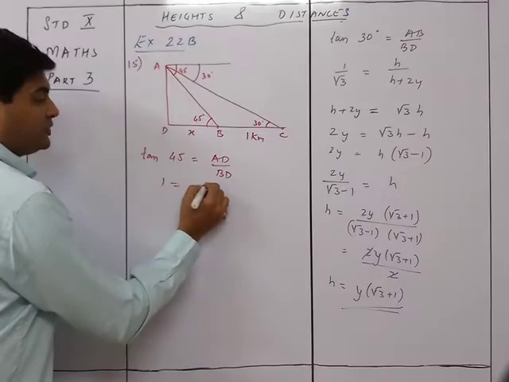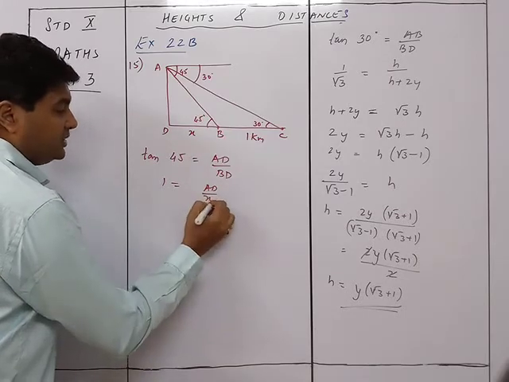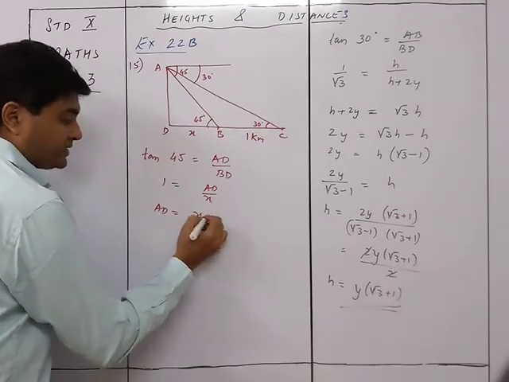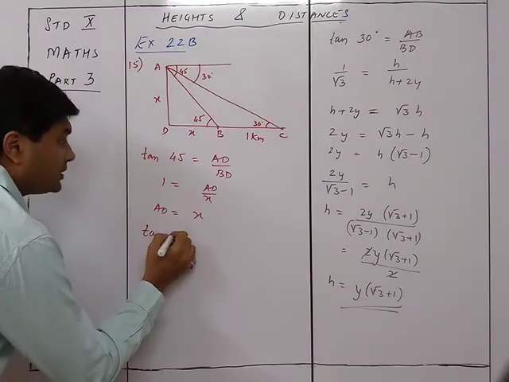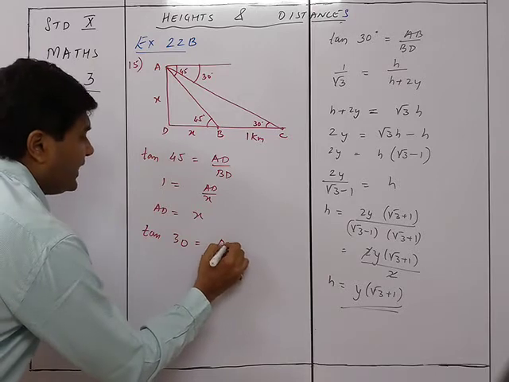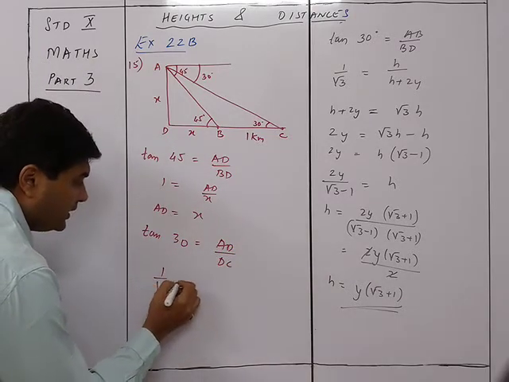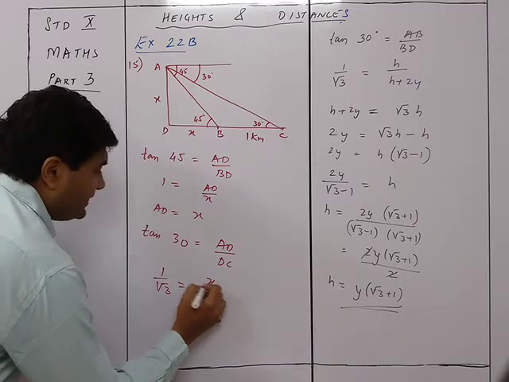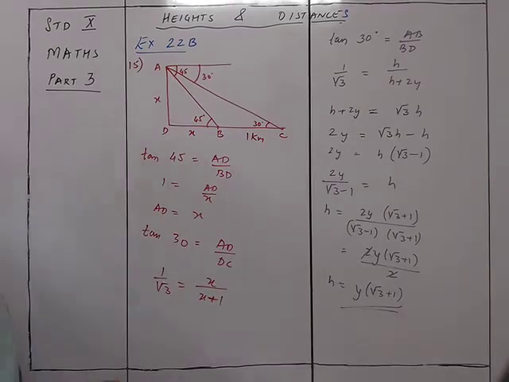So 1 is equal to AD upon BD, and BD is x. Therefore AD is equal to x. Now tan 30 is equal to AD upon DC. So 1 upon root 3 is equal to x upon x plus 1, because it is 1 kilometer.